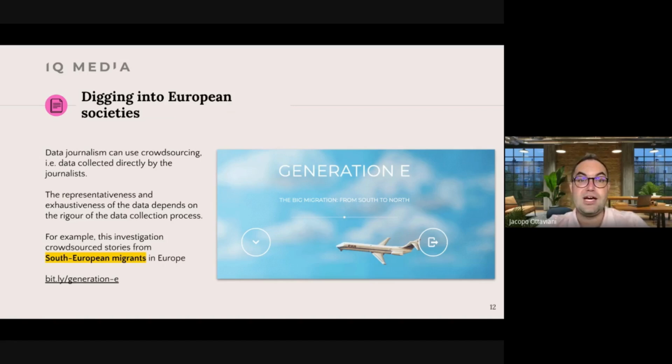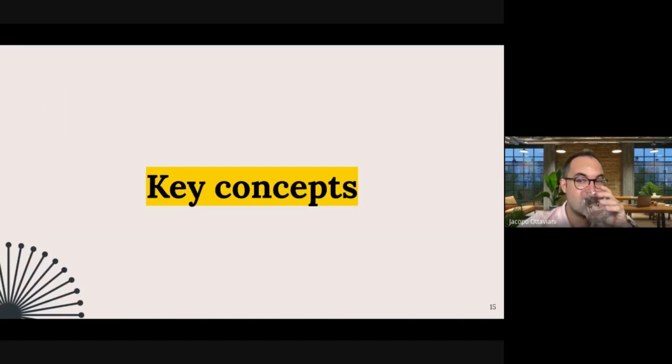You can team up with other European journalists and do projects together. So it's a very versatile and very flexible tool for journalism. Any questions? If not, I'm going to go to the next section, which is about key concepts of data journalism.